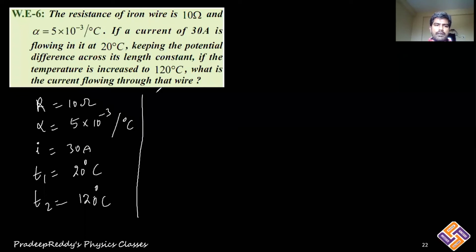So as we know, at 20 degrees Celsius, resistance R is equal to 10 ohm. As temperature is increased to 120 degrees Celsius, resistance will become R dash, is it not? So you should find out this R dash first, the effective resistance here.